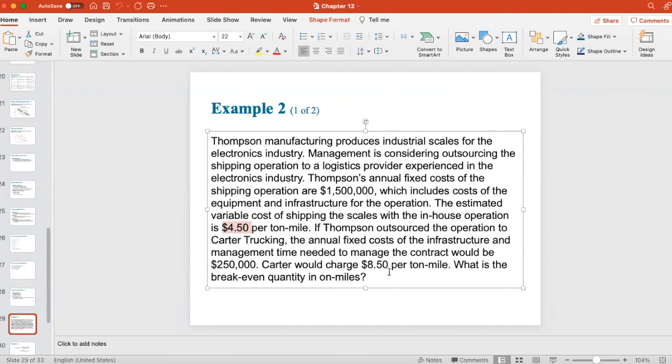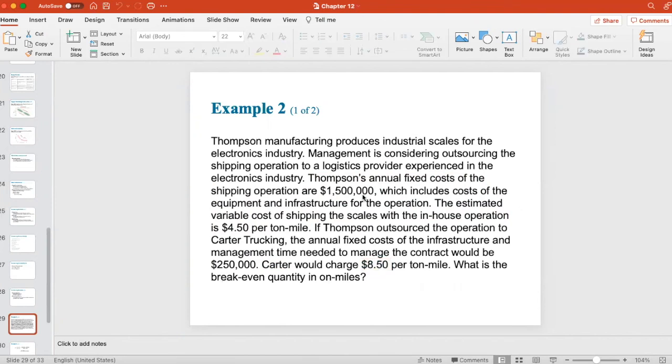Within outsourcing, although you don't need to invest at the beginning, with a fixed cost of only $250,000, Carter, this outside company, also wants to earn some profits through this whole process. That's why the wholesale price, the variable cost you pay for every unit, would be much higher. So what would be the break-even quantity here?